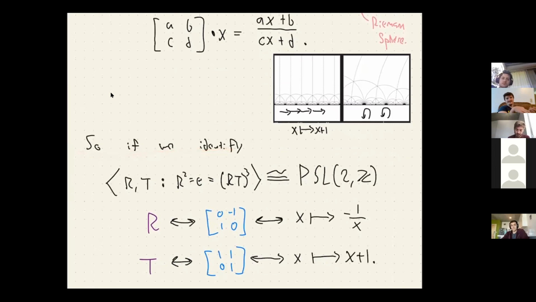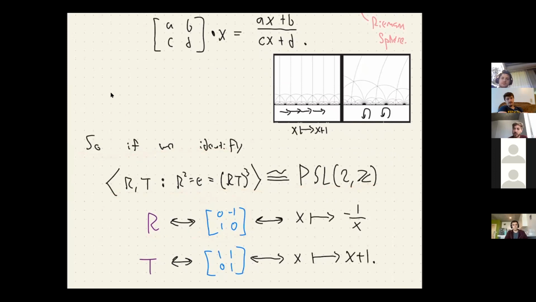So if we identify this rational tangle group, the set of all these actions that we can do on rational tangles, with PSL2Z, then R, our rotation, corresponds to this matrix.